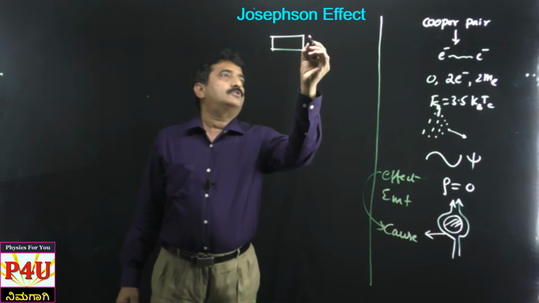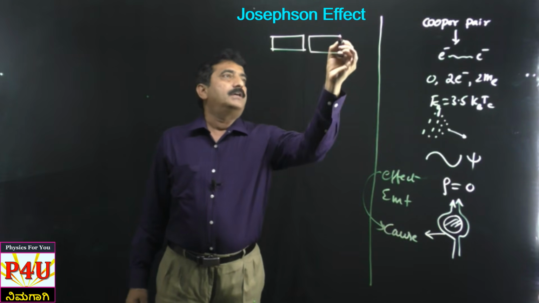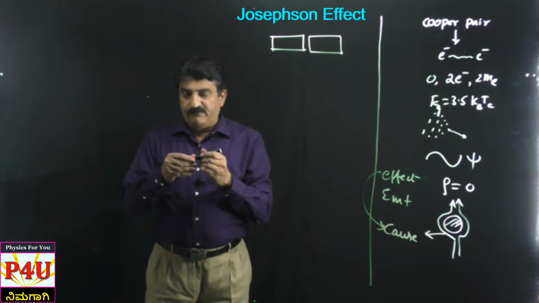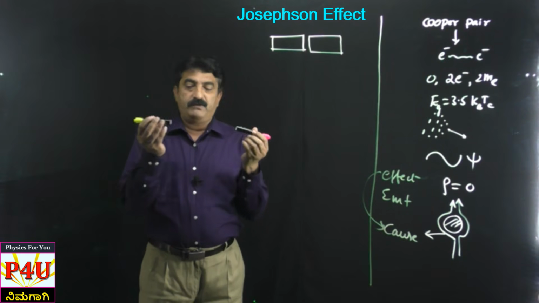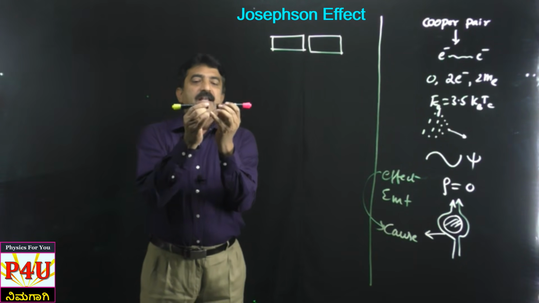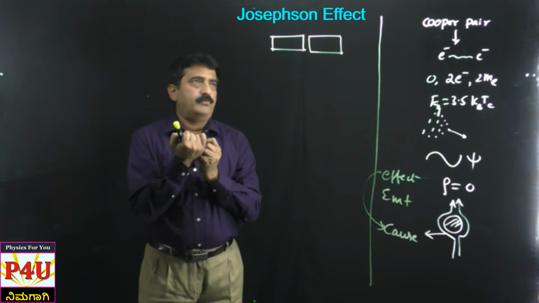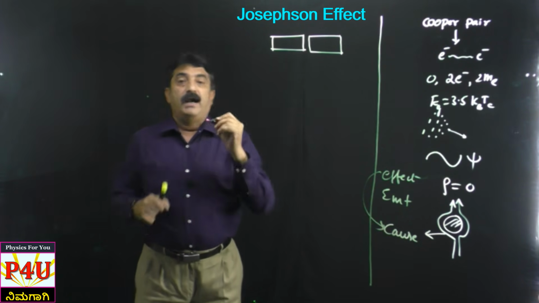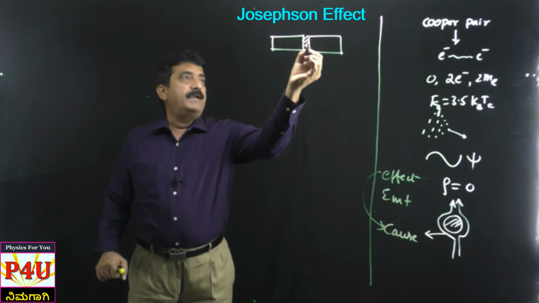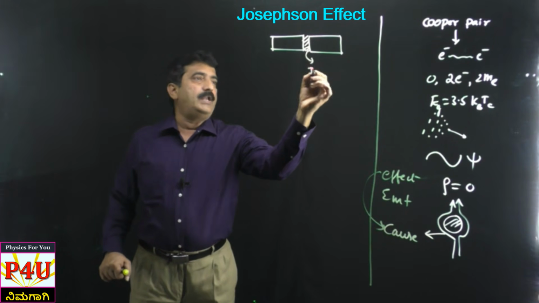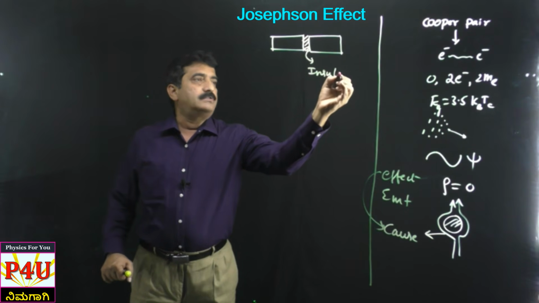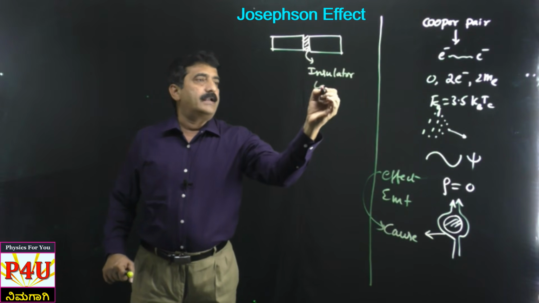I take another superconducting material, and then I bring both of them very close to each other. I leave a gap of less than 2 nanometers, and that gap I fill by means of some insulating layer.